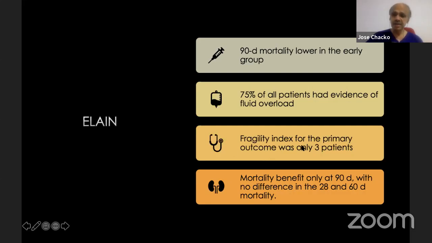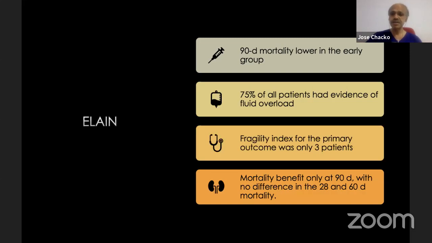And third, not the least, was the fact that the fragility index of the study was very low. Now, what is fragility index? Fragility index simply means how many patients in the intervention arm had to have a different outcome for the study to be non-significant.